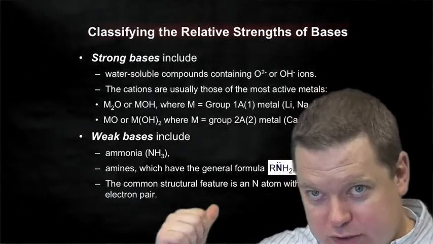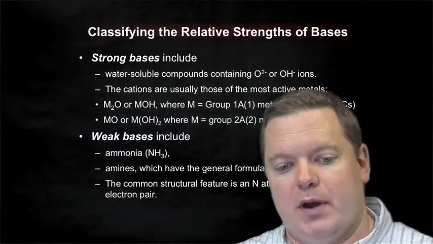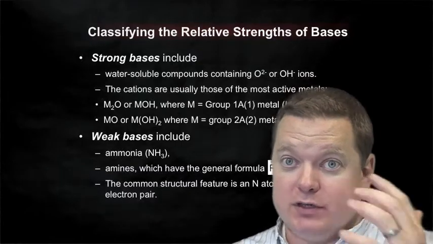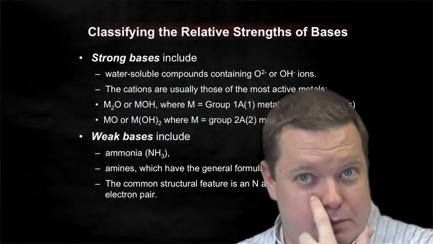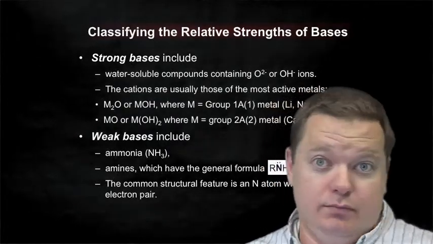And then the soluble forms of the hydroxides for the alkaline earth metals, those group 2 metals, calcium, strontium, and barium. From our solubility rules, if you remember, those are the soluble ones, so they are going to be strong bases. Weak bases then include everything else.